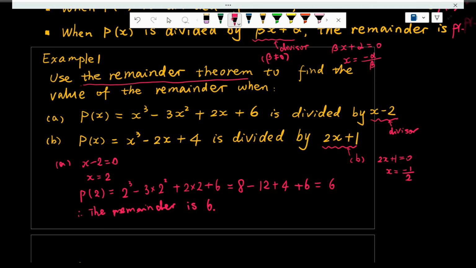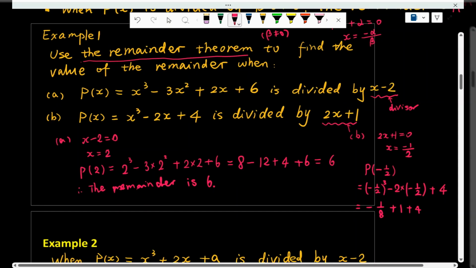Substitute this value into the polynomial. Then we will have p of negative a half is equal to negative a half cubed minus 2 times negative a half, then plus 4. And this result, we will have negative 1 over 8, and plus 1, and plus 4.